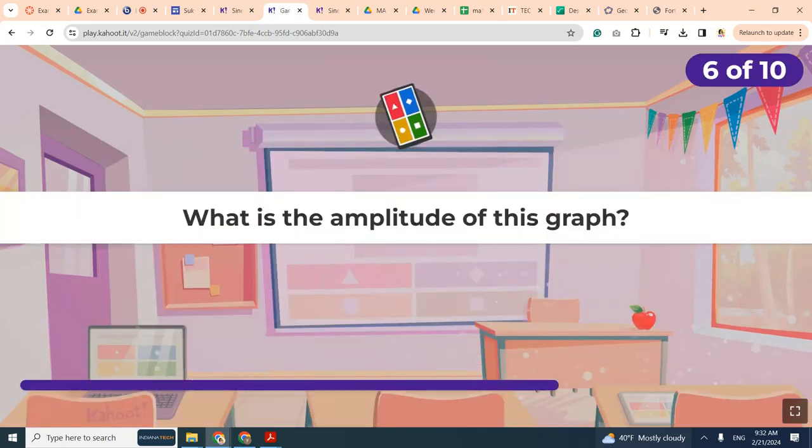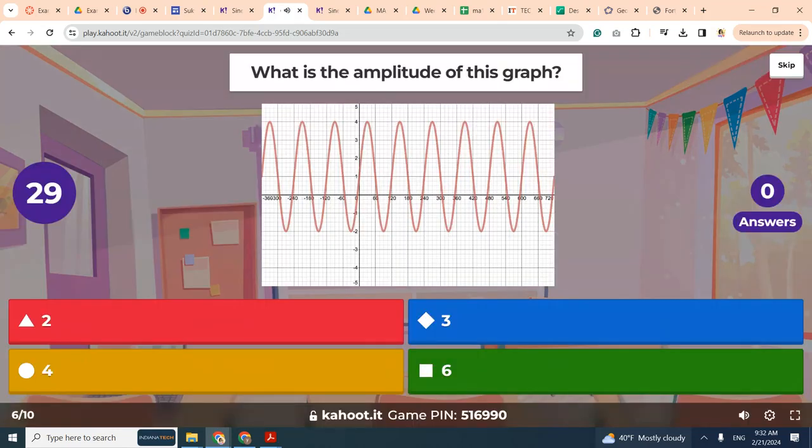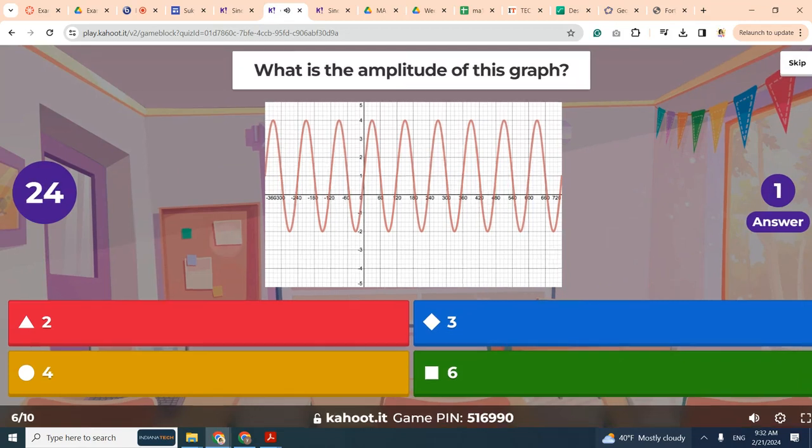What is the amplitude of this graph? Let me make it bigger.